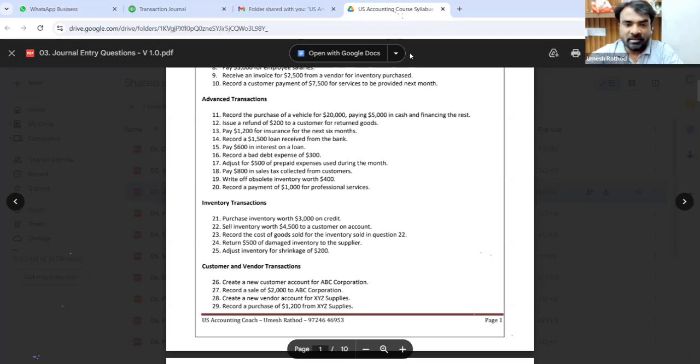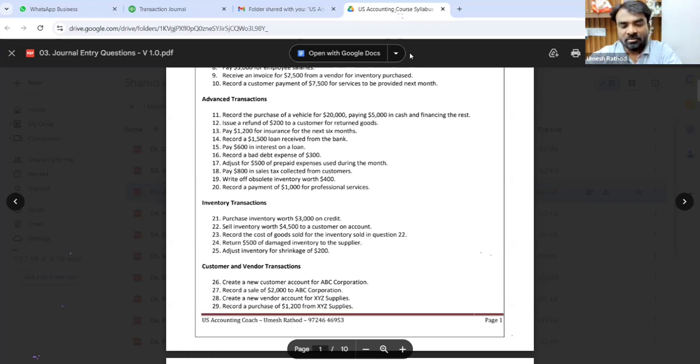So either debit COGS, or you can create an inventory adjustment account under the COGS. Be aware of actual COGS along with this adjustment COGS. So COGS account debit and inventory account credit.